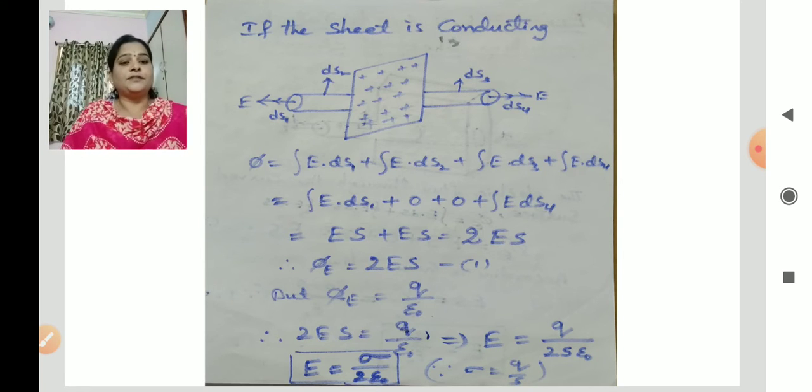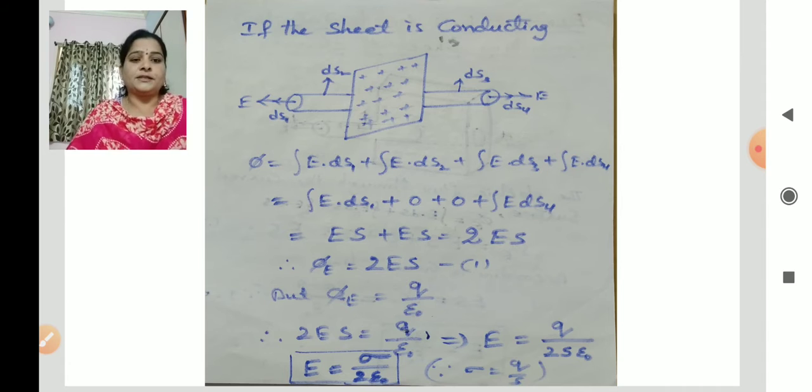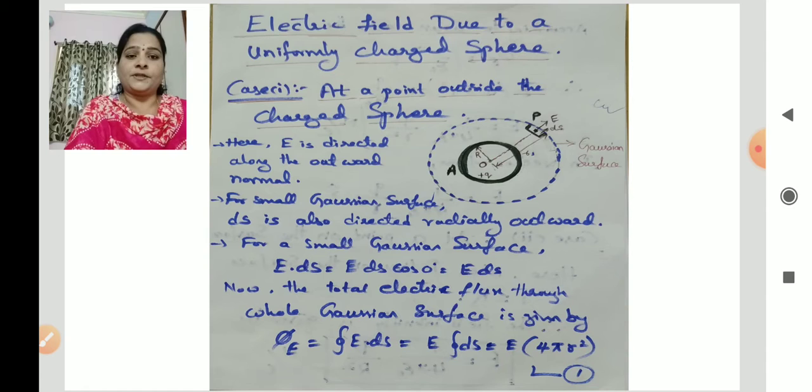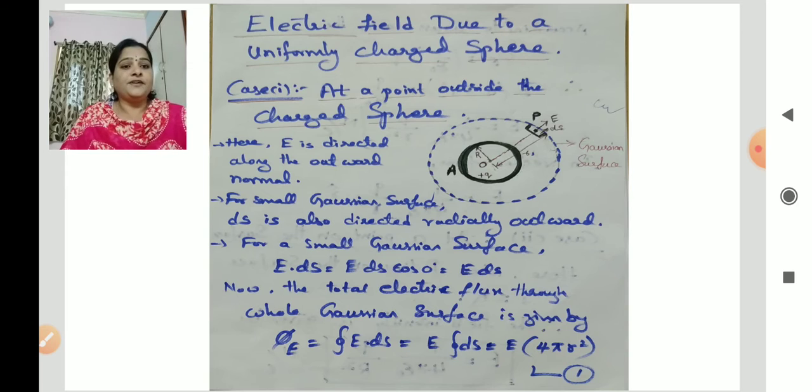So this is the second application of Gauss law we have gone through, and the next application is applied to a three-dimensional figure, a sphere. So now the third application is to find the electric field due to a uniformly charged sphere. Here, let us consider a sphere.